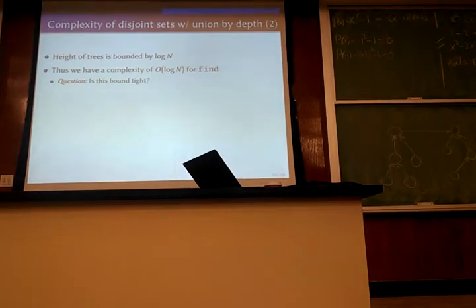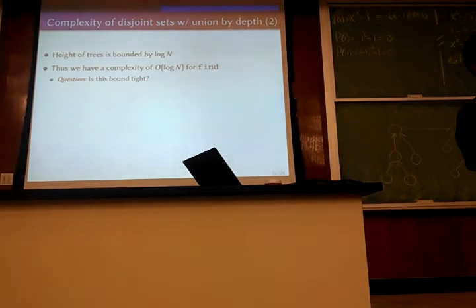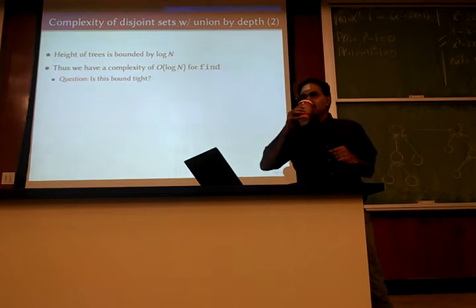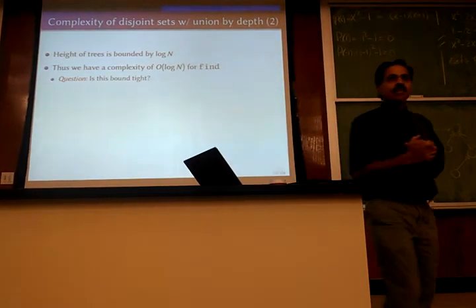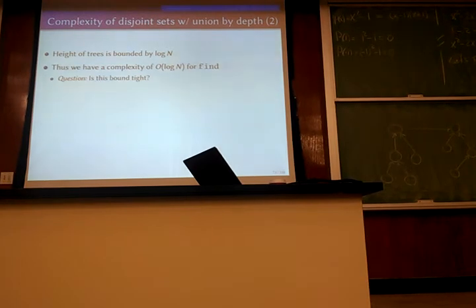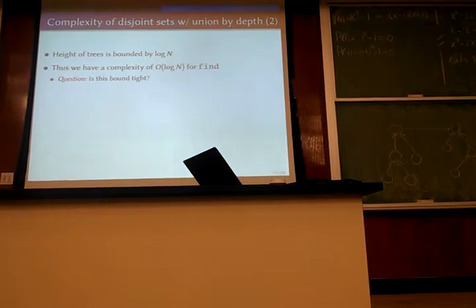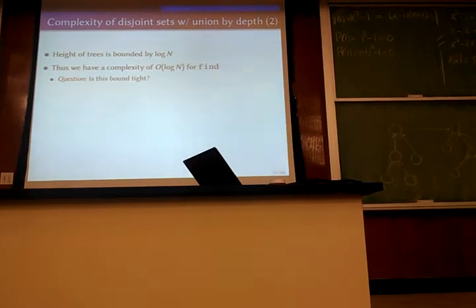It's not complicated. Once you know that, it's easy to answer. We know you can easily construct a sequence of union operations so that you build a tree of height log n.